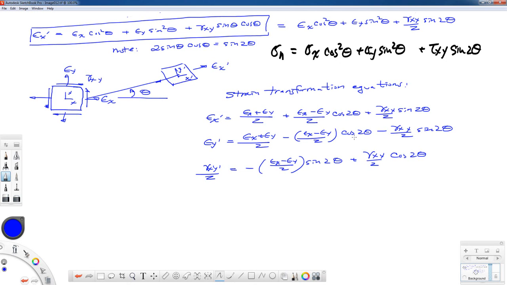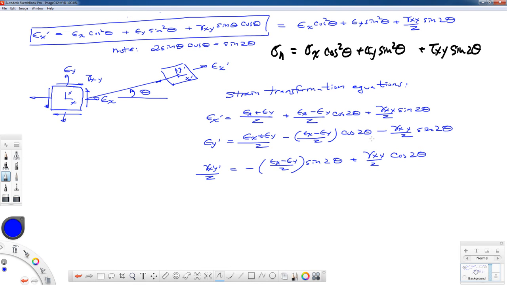We have a 180 degree shift in the cosine and the sine function, which causes a negative sign on these two terms. Epsilon x plus epsilon y over 2 minus the quantity epsilon x minus epsilon y over 2 cosine 2 theta minus gamma xy over 2 sine 2 theta is equal to epsilon y prime. And we haven't shown it yet, but we will.